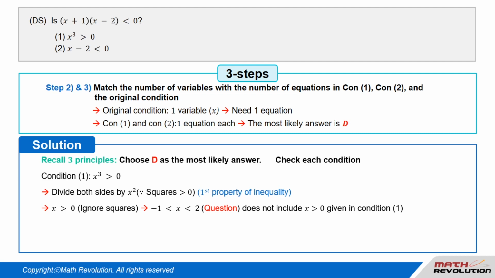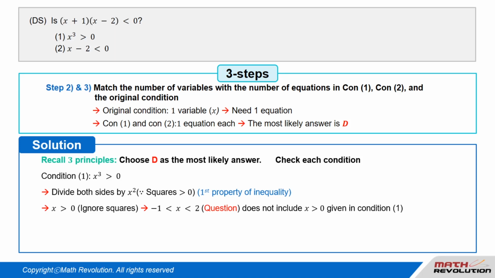Since squares are always positive, multiplying or dividing by non-zero squares does not affect the direction of the inequality sign, by the first property of inequality, positive rule in inequality, and the fact you ignore the squares and even exponents.